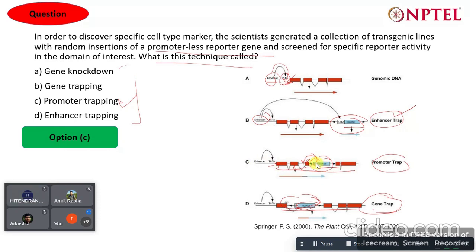Okay, so what we can do in that case, like we discussed in the last session, is use a specific primer for the T-DNA. Suppose this is the T-DNA insertion site, and we have a specific primer for this T-DNA that is being inserted.